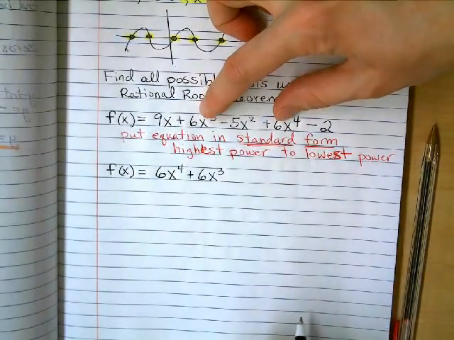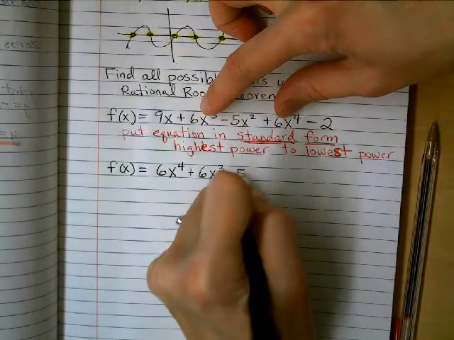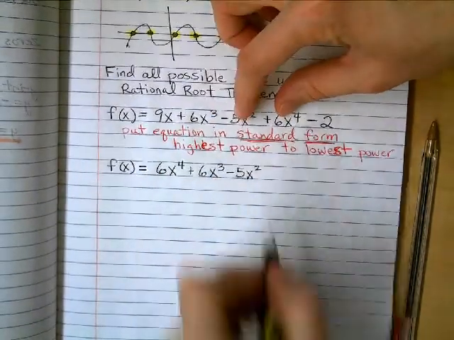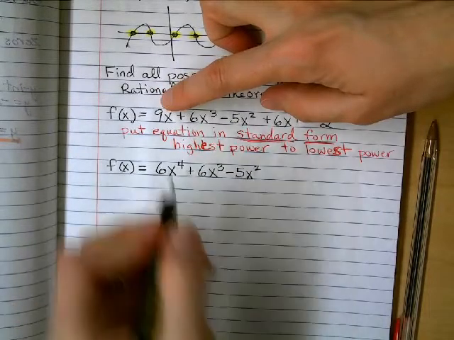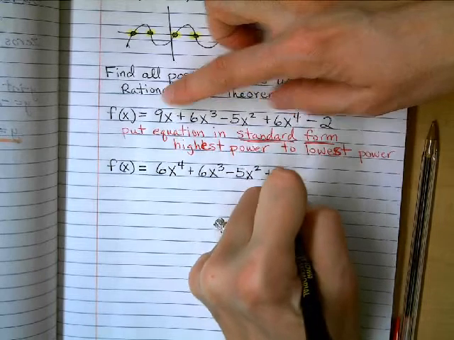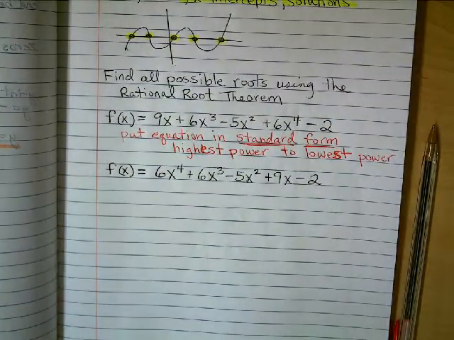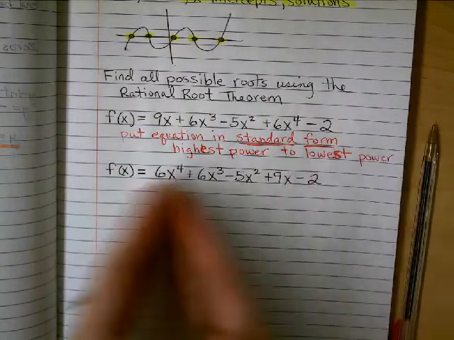Then what next after that? Yeah, then the minus 5x squared. You guys get that part, right? Just go highest to lowest. Then 9x, and then minus 2 at the end. I gave it to you all mixed up on purpose because that's what they sometimes do on the assignment too. Make sure you get it in order, highest to lowest.